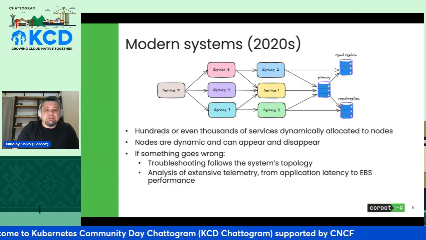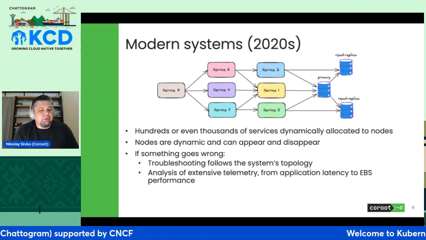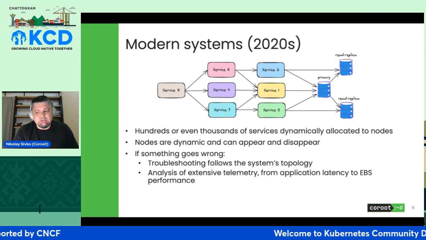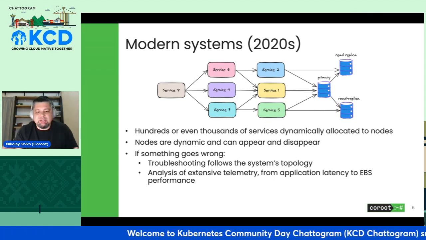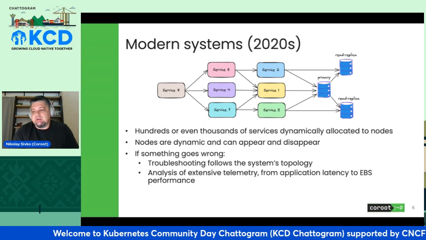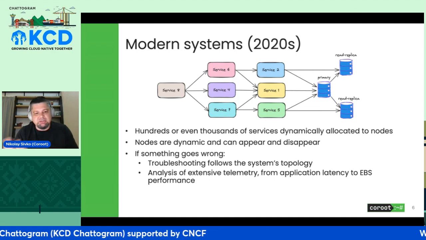Really pretty straightforward. These days, we have much more complex applications. They contain a lot of services. We have distributed databases. We have Kubernetes that makes it pretty dynamic. So we have spot nodes that can appear and disappear.